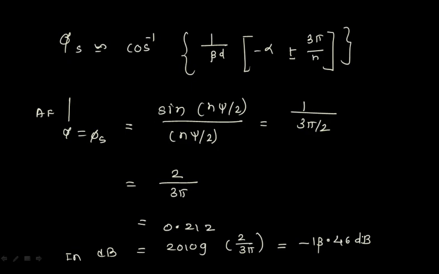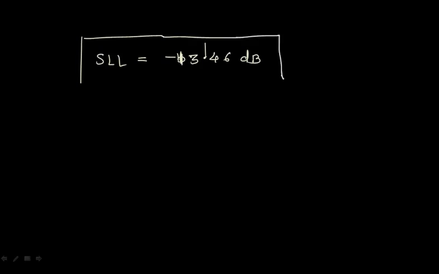So आप यहाँ से ये conclude कर सकते हो, the maximum of the first minor lobe of the array factor equation is 13.46 dB below the maximum of the major lobe. So your side lobe level is minus 13.46 dB. So this is how you can find out the side lobe levels.